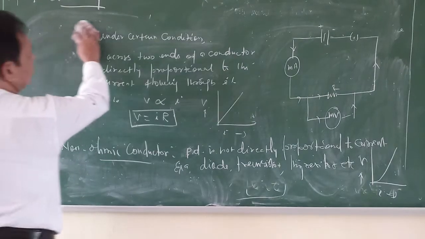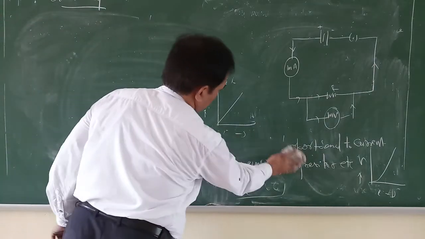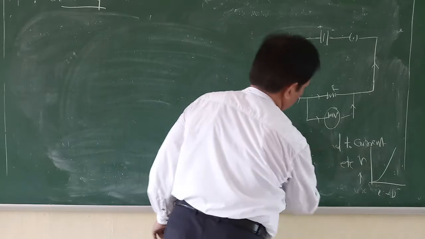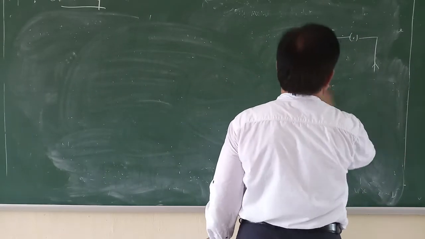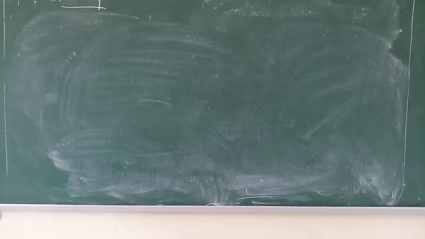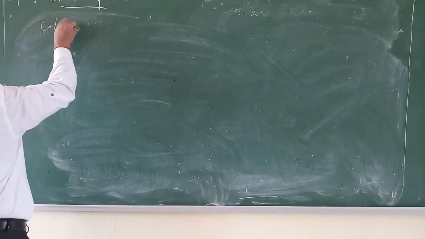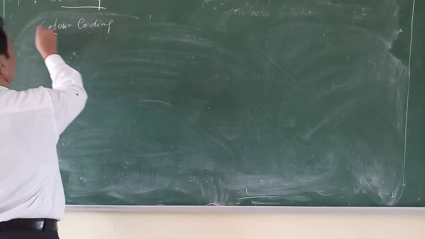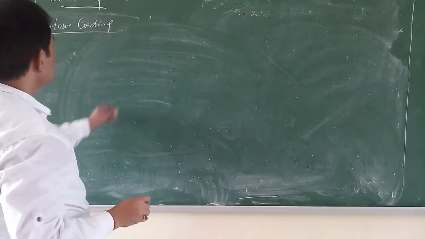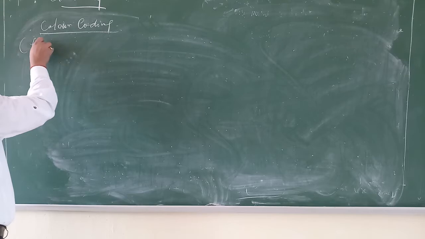Next, color coding. This is generally used for finding the range of a carbon resistor.